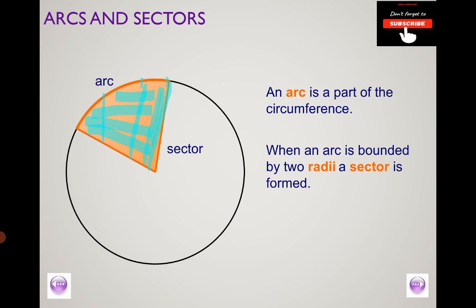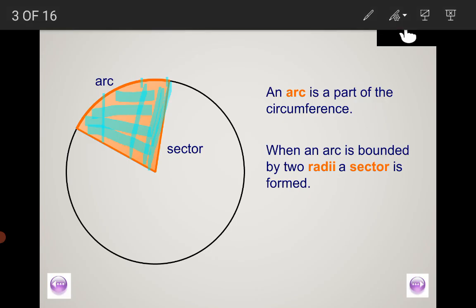So when an arc is bounded by two radii, here we have two radii. You have this radius here, and another radius here.